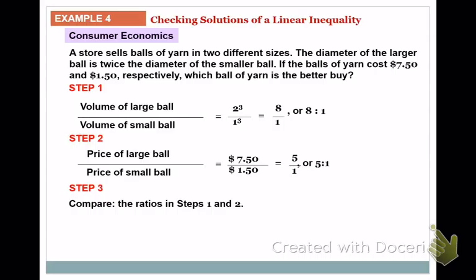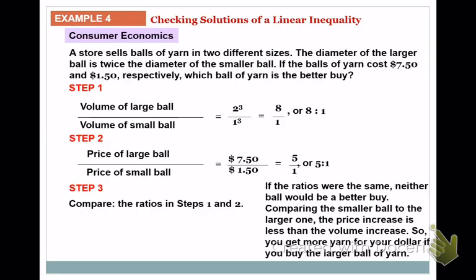So which one am I getting a better buy with? Yeah, the large. Okay, I'm only paying 5 times more. I'm getting 8 times more. So we compare the ratios. And it works out that the larger one has a lower price ratio, so that's a better buy. Questions? All right, so that's it for the notes.